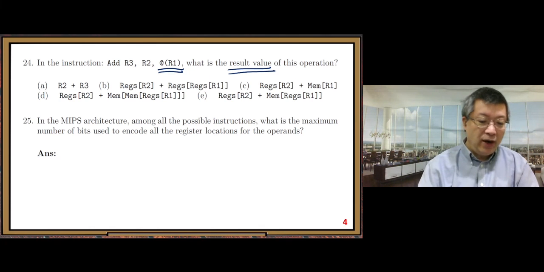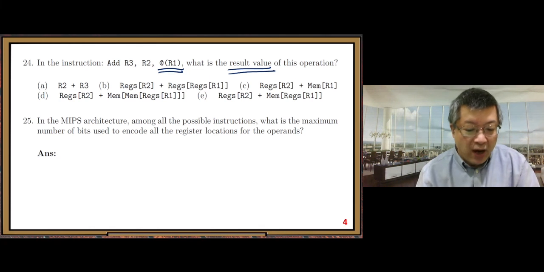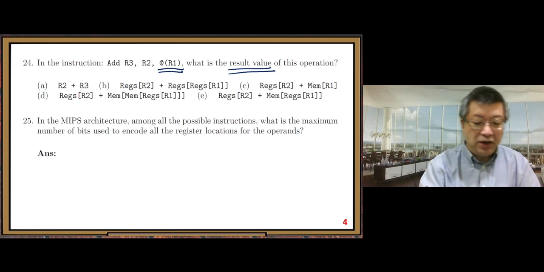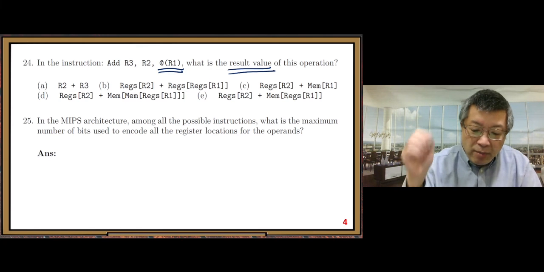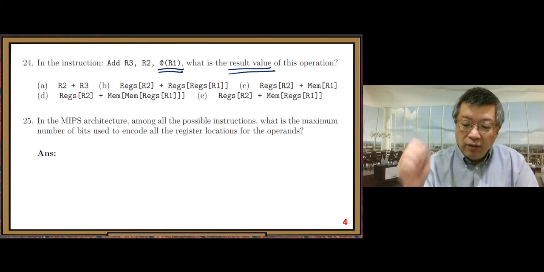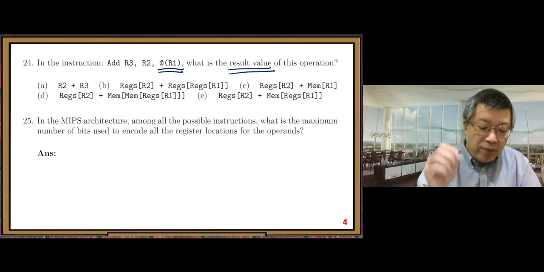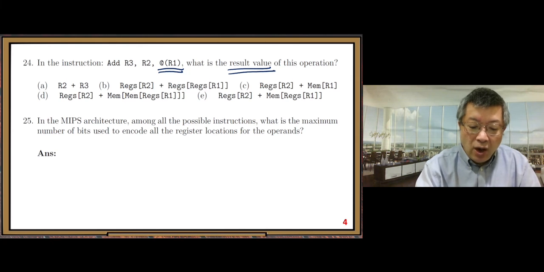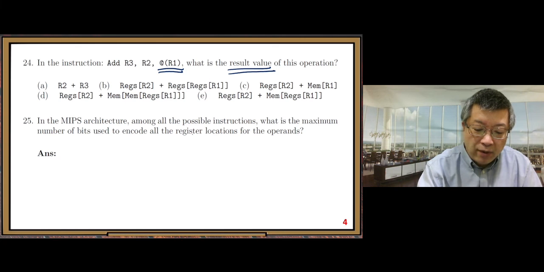All right, so the last question, number 25. In the MIPS architecture, among all the possible instructions, what is the maximum number of bits used to encode all the register locations for the operands?